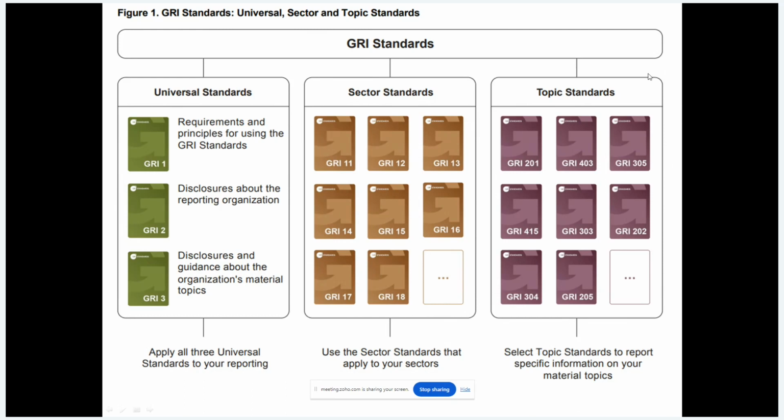The material topics given in the topic standard or sector standard have to be included mandatorily in the report, or if you are not including them, you have to give the justification and reason for not including.